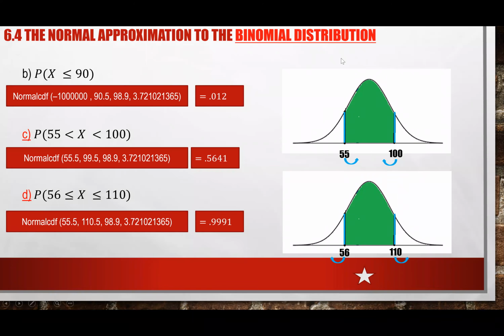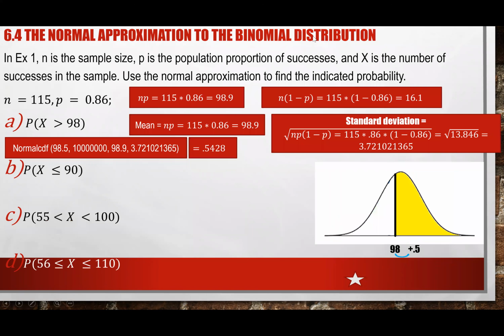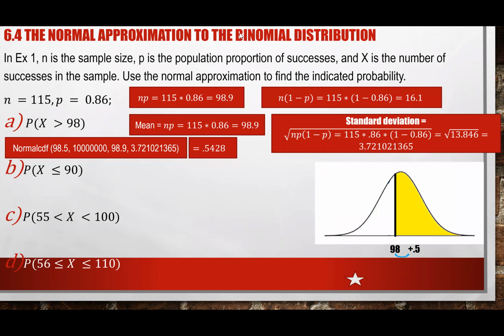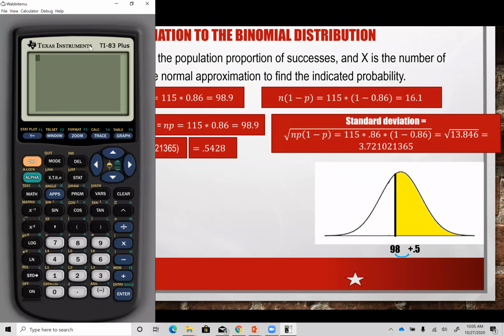To find the standard deviation for the binomial distribution, n times p is your mean, and the square root of n times p times 1 minus p is your standard deviation. So this is the formula that we have.